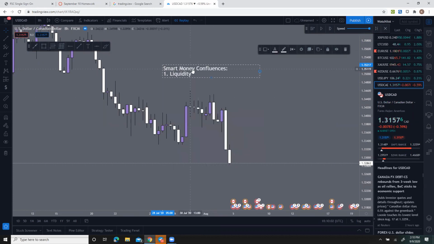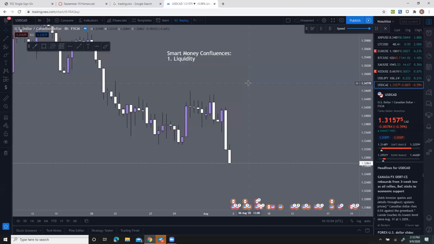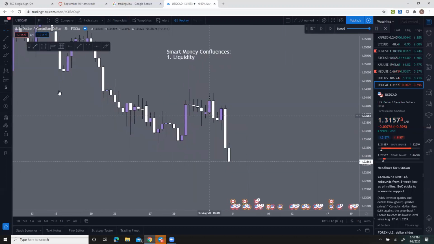For those of y'all who don't know, liquidity is essentially, in retail terms, support and resistance. So you can spot liquidity through a bunch of wicks touching the same area, a bunch of candles bouncing off the same area, all that good stuff. If you look right here at this chart, look where all these wicks keep hitting, right down this area. All this, nothing but liquidity.